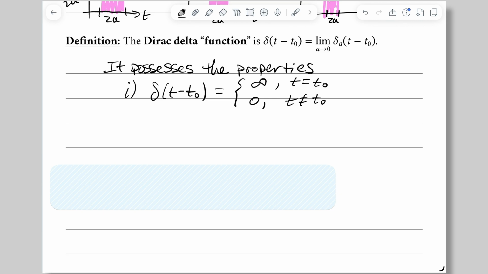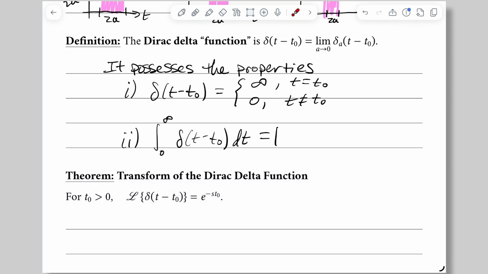This isn't really a function because we don't allow a function to have a value of infinity, and hence the quotes. The second property is that the integral from 0 to infinity of delta of t minus t sub 0 dt is equal to 1.